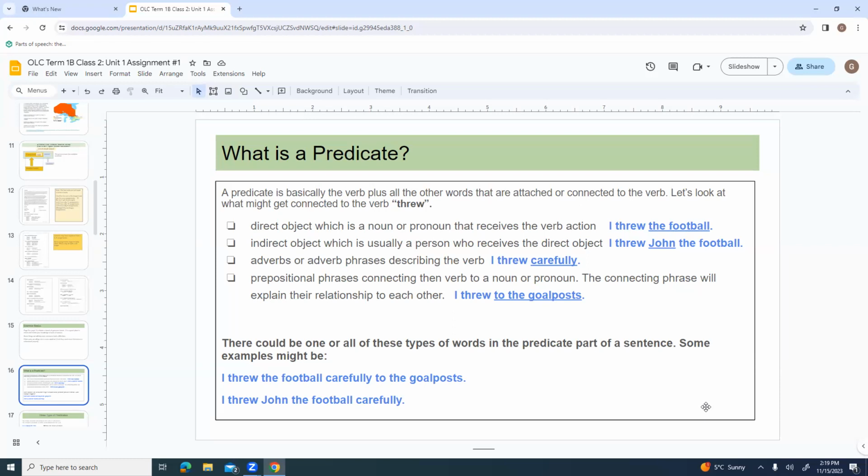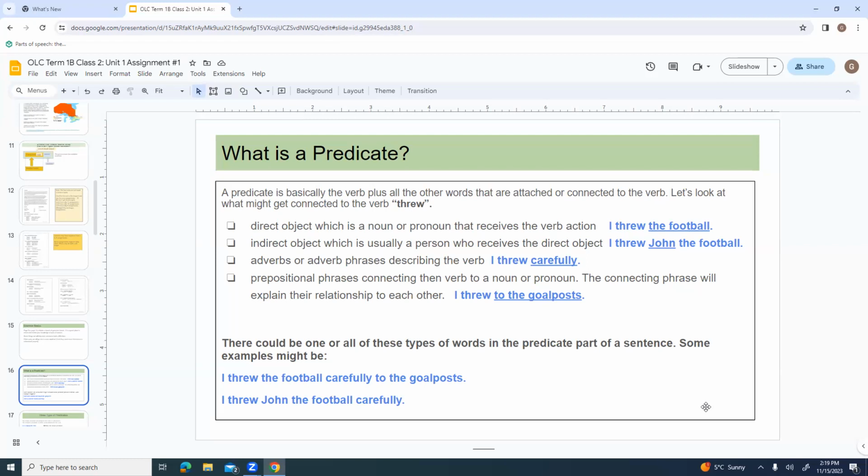Adverbs or adverb phrases can describe the verb, like I threw carefully. And there could be prepositional phrases connecting the verb to a noun or a pronoun. And the connecting phrase will explain their relationship to each other. So I threw to the goalposts. There could be one or all of these types of words in the predicate part of the sentence.